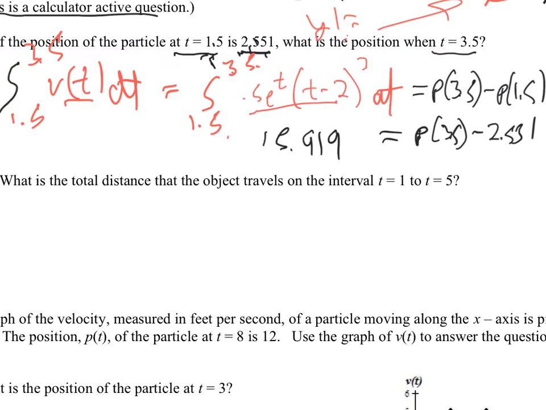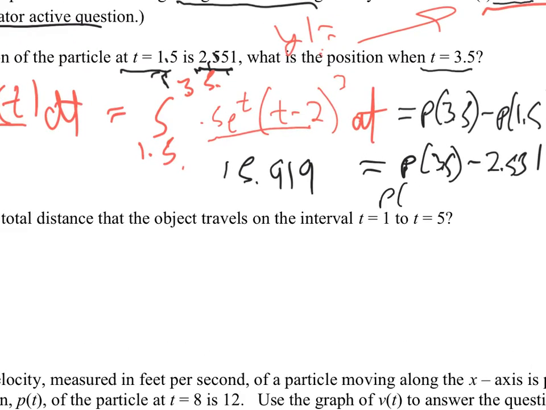So this one's actually easier, because all I have to do now is P of 3.5 must be equal to 15.919 added to 2.551, which equals 18.470, I think.